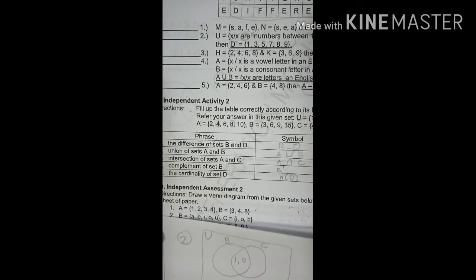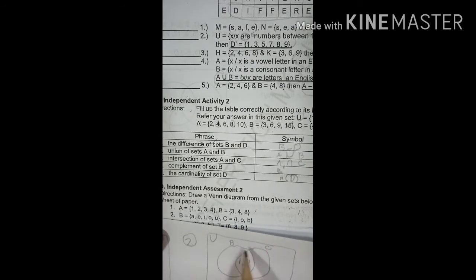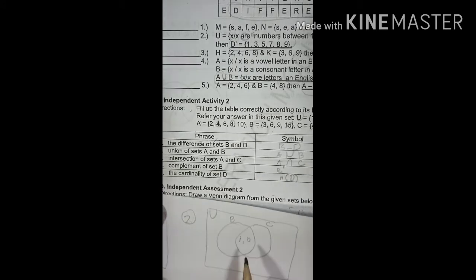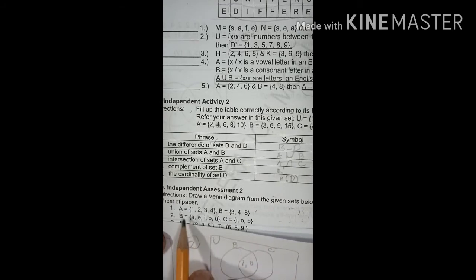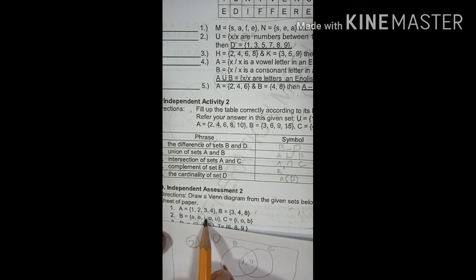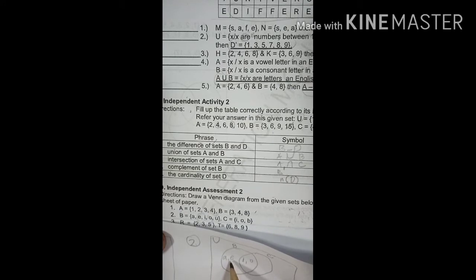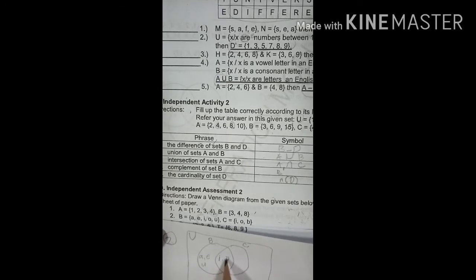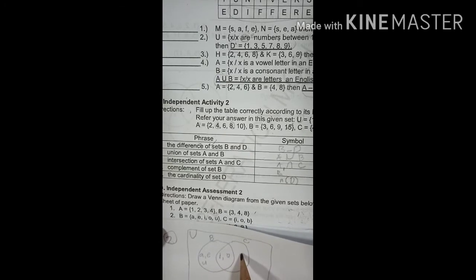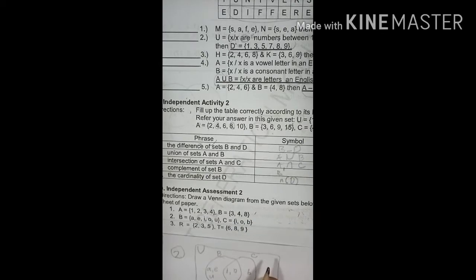Next, for B, we had written already I, O. So for circle B, we need to write here A, E, U. And for C, we have I, O already, so the remaining letter to be written is B. So, this is the Venn diagram.